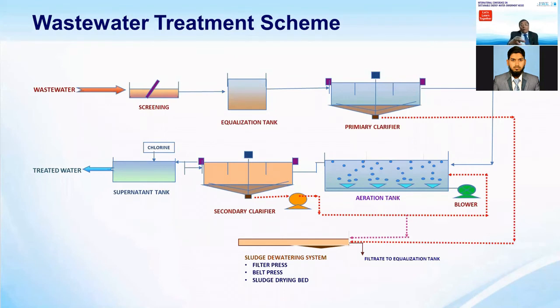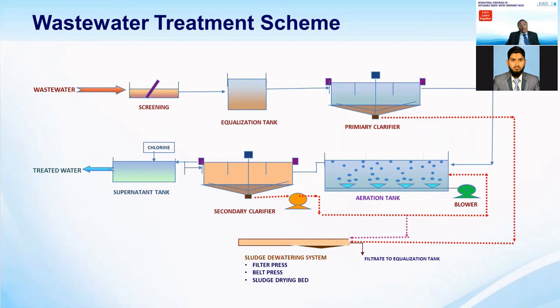But next, the size of the aeration tank depends upon the BOD load and the flow rates, and these are the key parameters on which we normally size the aeration tank. After that, we have the clarifier, from which the clean treated wastewater goes to a tank, or it can be directly discharged.